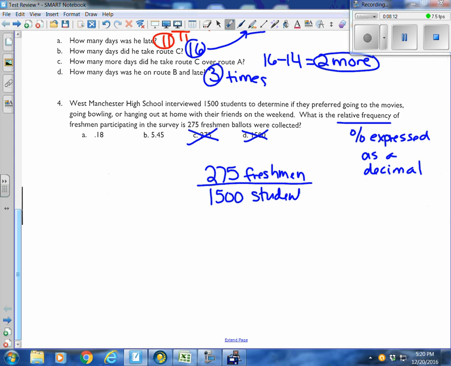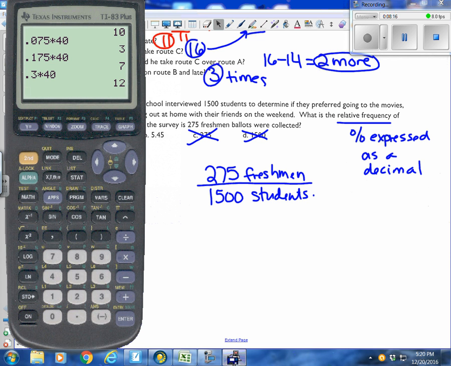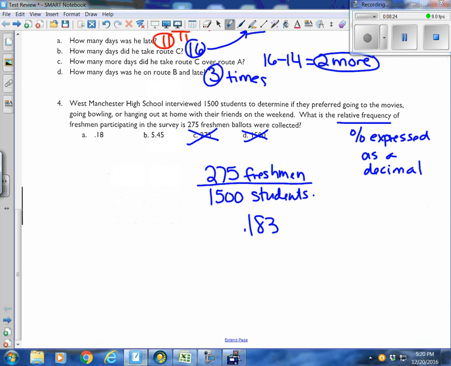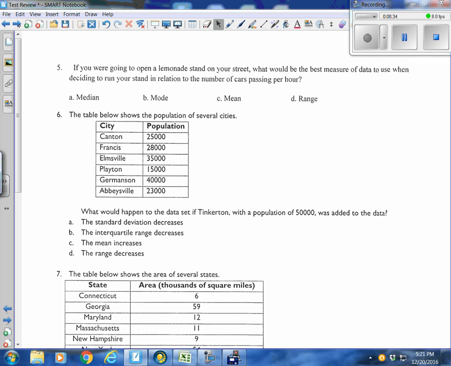So I'm looking for the percent, expressed as a decimal. I would simply divide 275 divided by 1,500, and my answer is 0.1833, which apparently is choice A. Again, knowing what relative frequency is allowed me to narrow my choices immediately to 2 answers instead of 4.